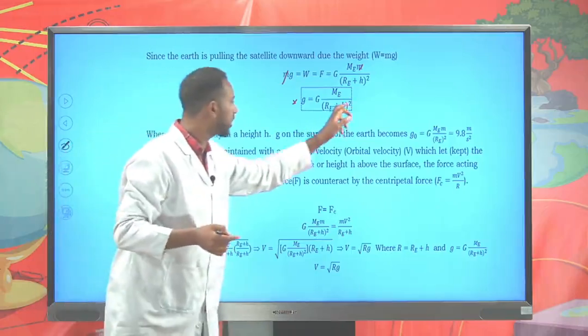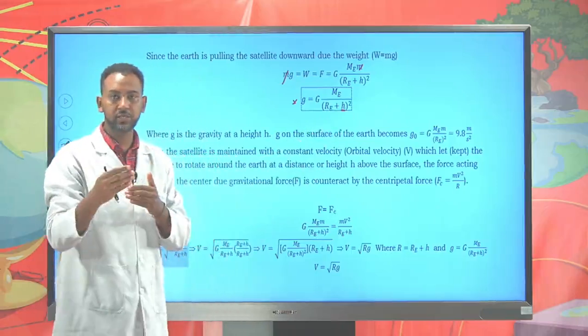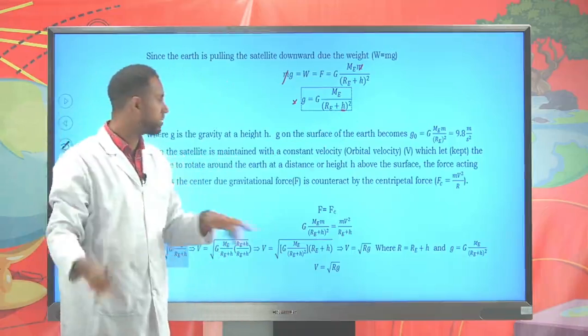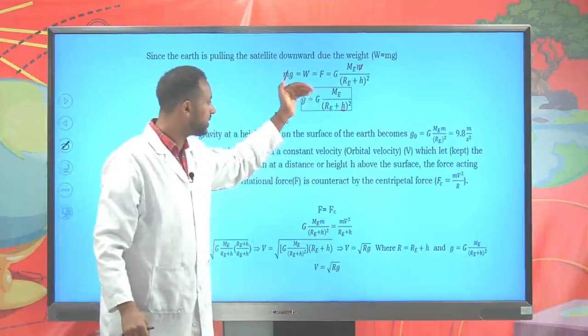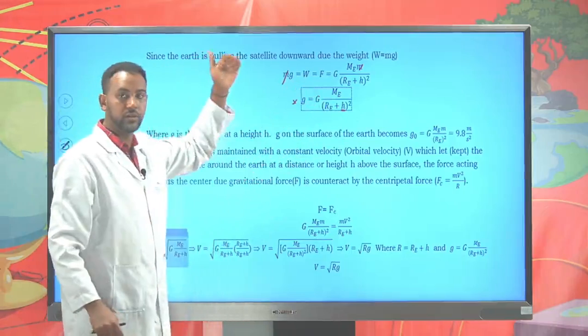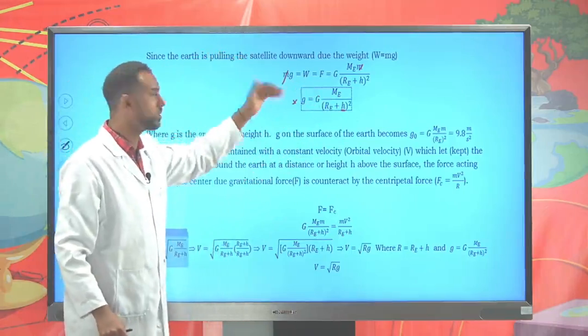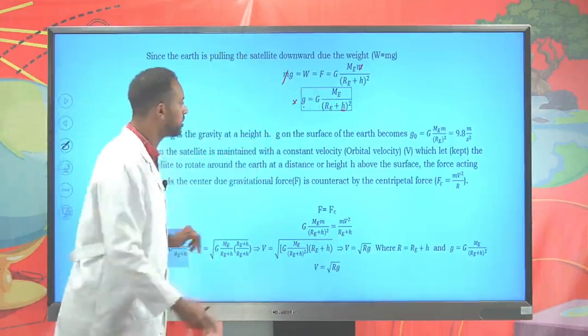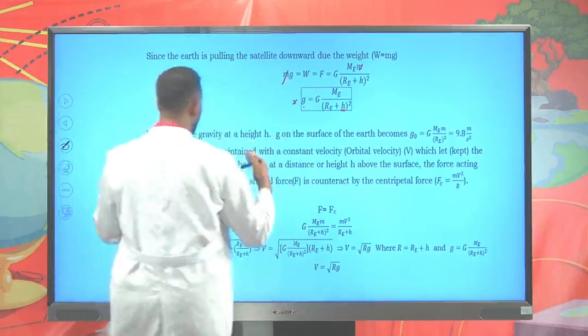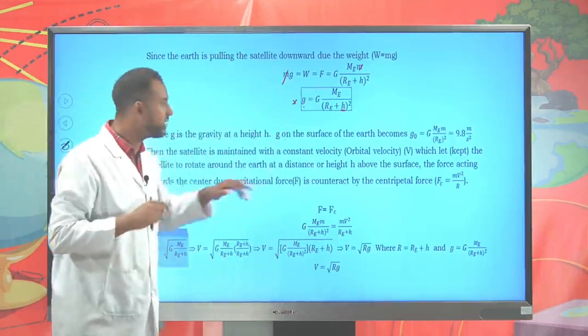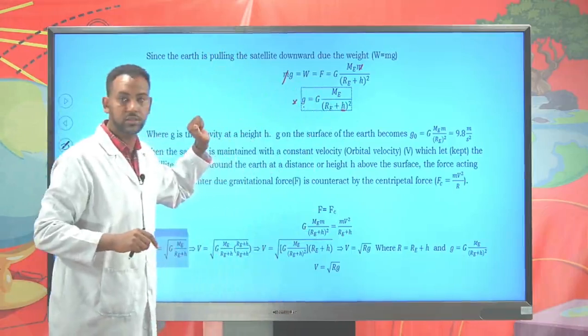So, over (R plus h) squared. As the elevation changes, the gravity also changes. Depending on the elevation where the satellite is found, it's possible to find this gravity g. The gravity at the surface of the Earth can be determined as the elevation is 0.